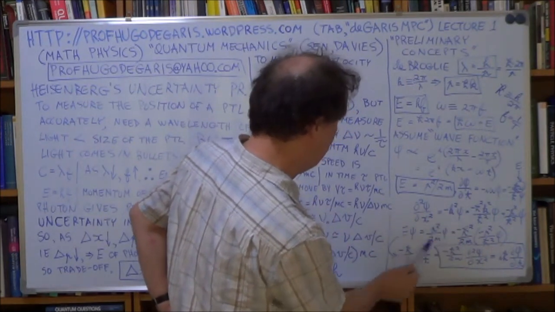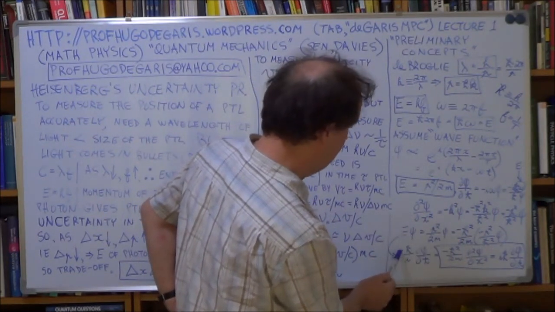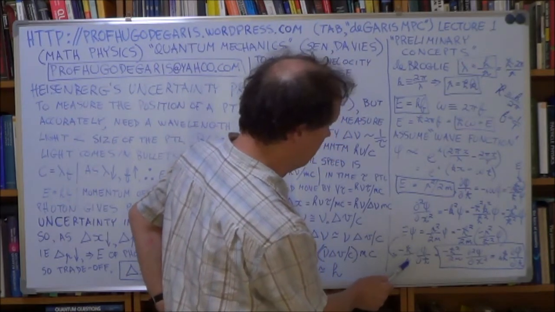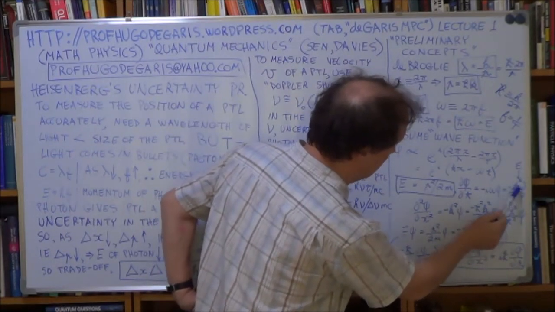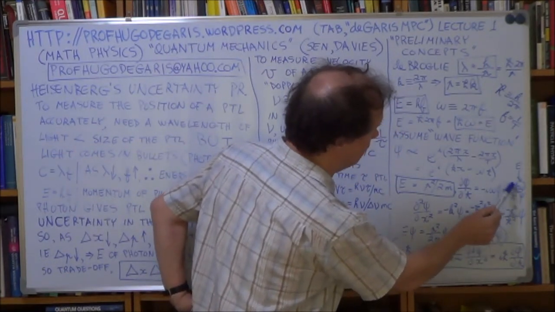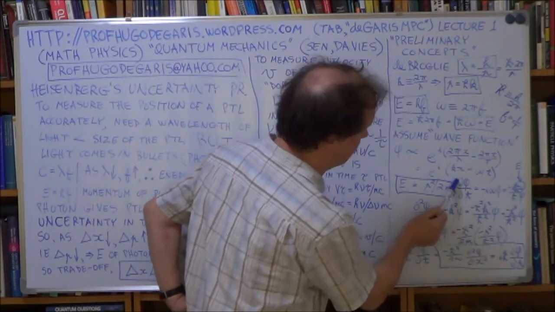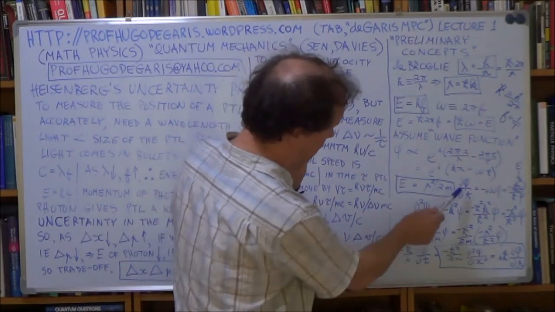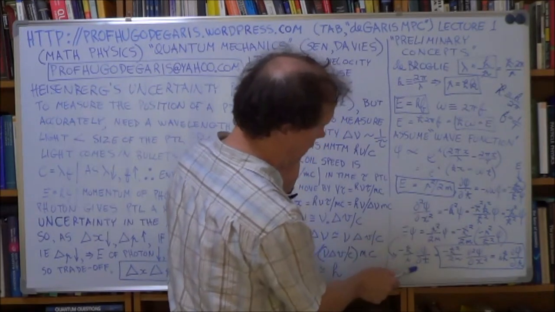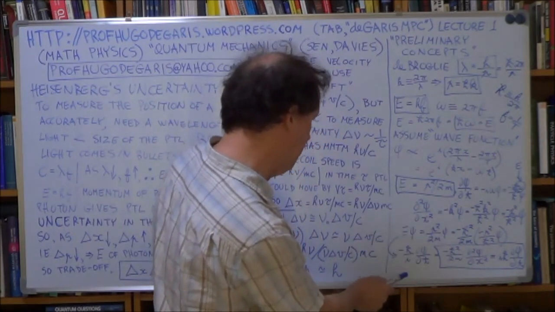So you'll end up with minus h bar divided by i times d psi by dt. Here it is here.